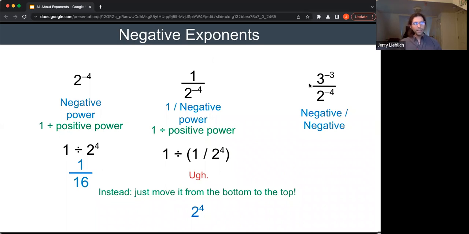Now, if we've got a negative exponent over a negative exponent, we understand how to do this. We can just flip it around.